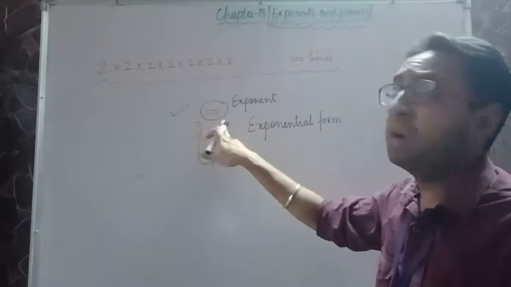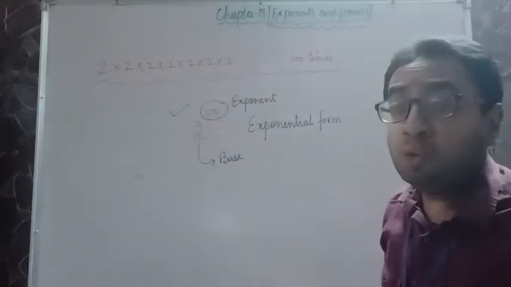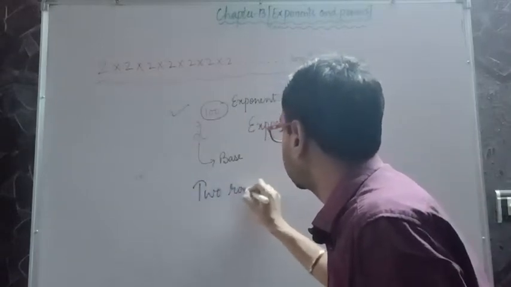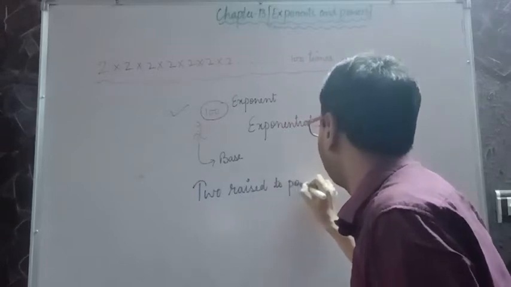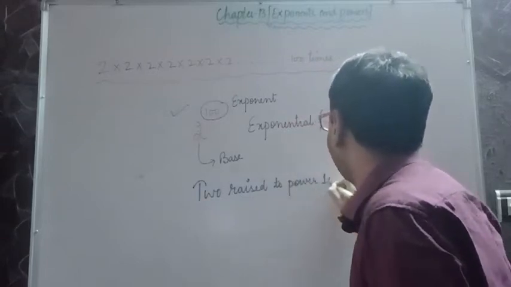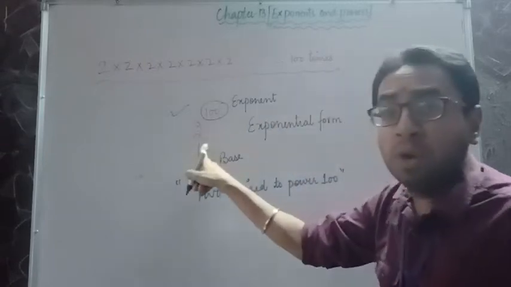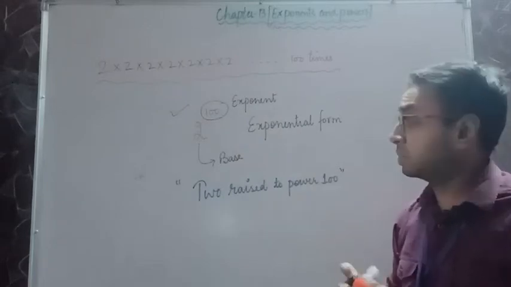2 raised to power 100. How do we pronounce this? We pronounce this as 2 raised to power 100. This is how we say it. Are we clear with this?